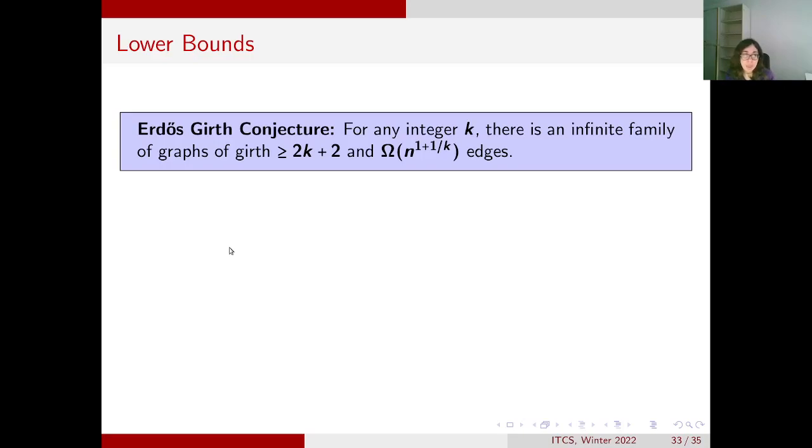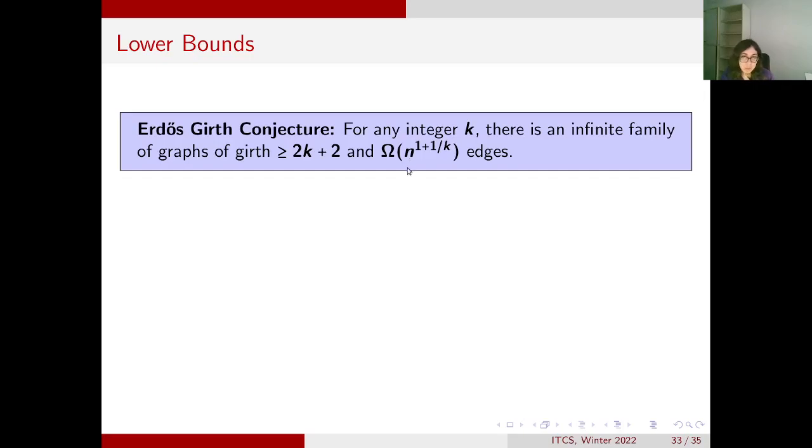So I briefly mentioned the Erdős girth conjecture, which says that for any integer k, there are graphs with girth at least 2k plus 2 and at least n to the 1 plus 1 over k edges.